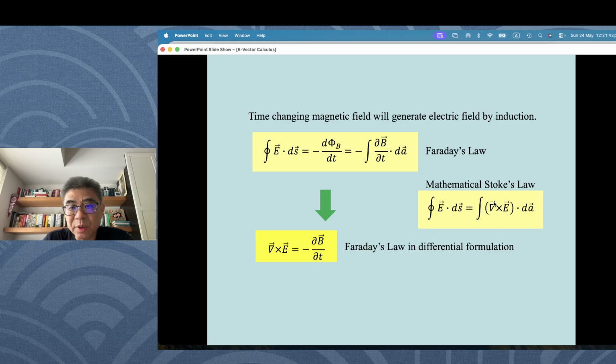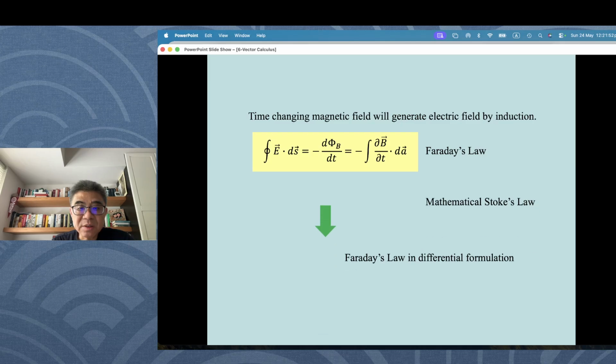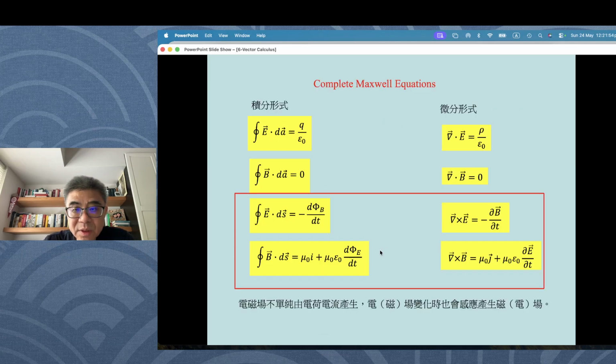Comparing the two expressions, you immediately understand that curl E is equal to minus the time derivative of B. So that's the third equation with changing electromagnetic fields. This term, partial B partial t, comes from the famous Faraday's law, the changing magnetic flux.